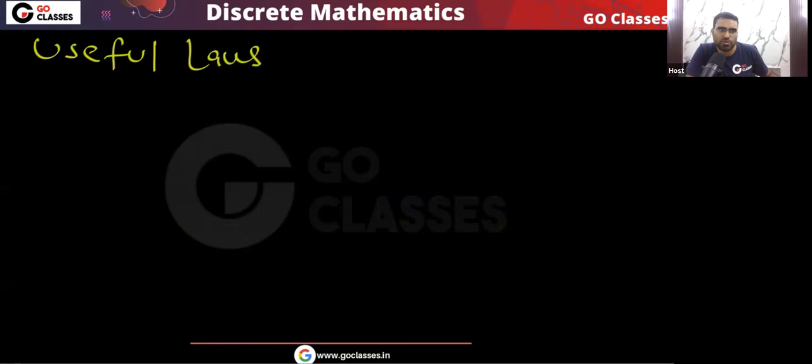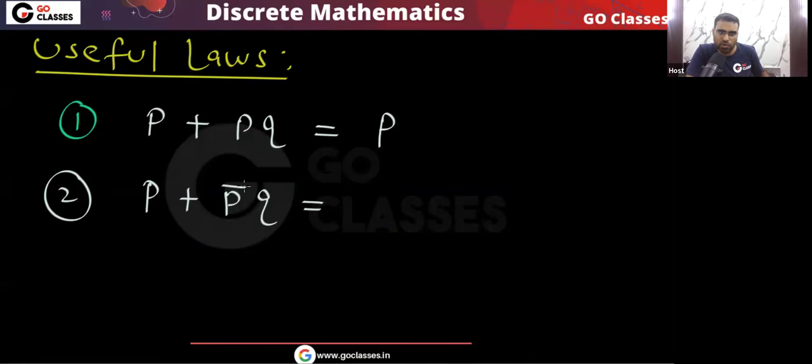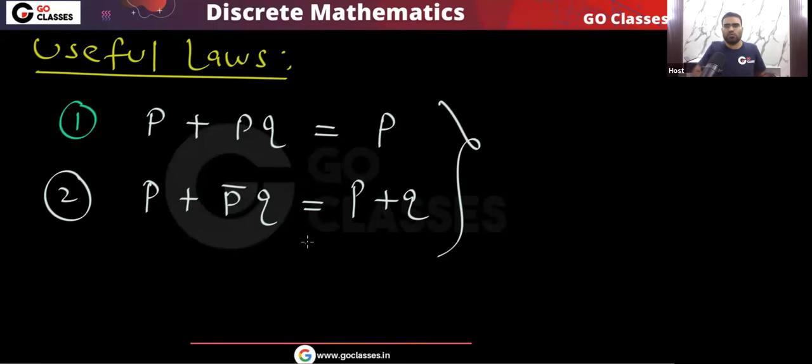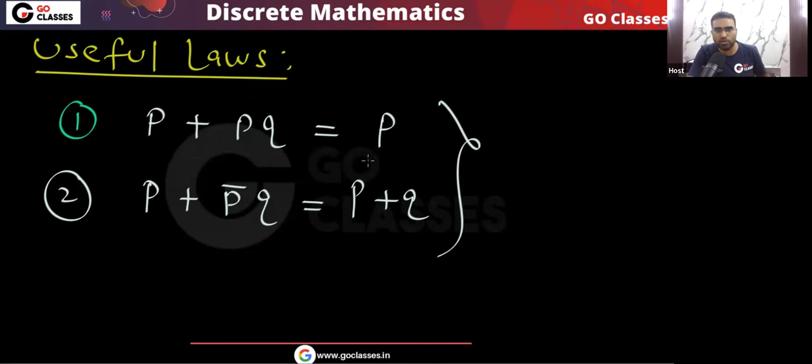The one is your absorption law, that is P or PQ, which is the same as P. Another is like this, P or P bar Q. Here you can remove this P bar and you can write it as P or Q. These rules are very useful. This rule is called absorption. There is no name for this rule, but these are very useful.